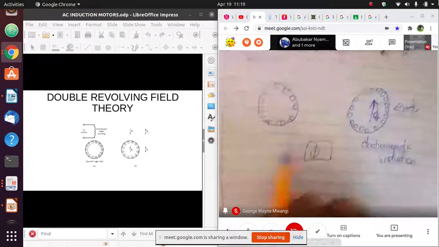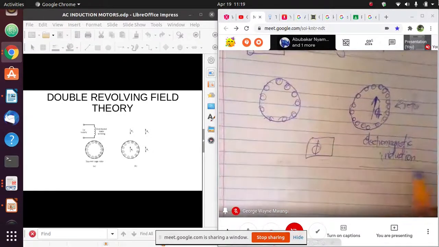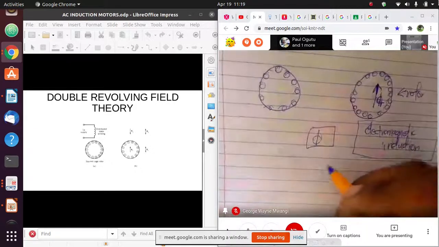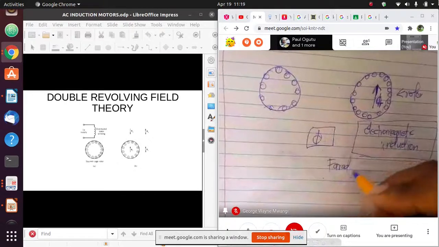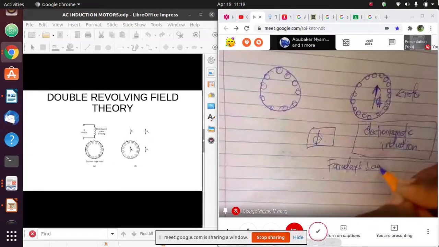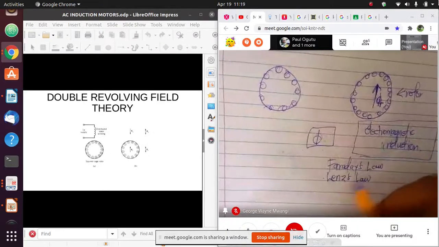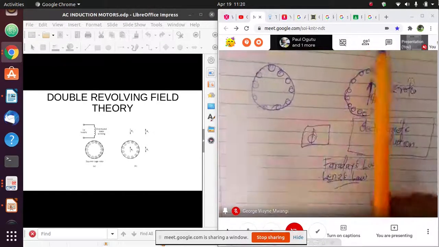Now there's a law, because we're talking about electromagnetic induction, there are laws that govern this phenomenon. We have Faraday's law of electromagnetic induction. This I want you to go find out, and Lenz's law. Now Lenz's law is what we are talking about here in this case.